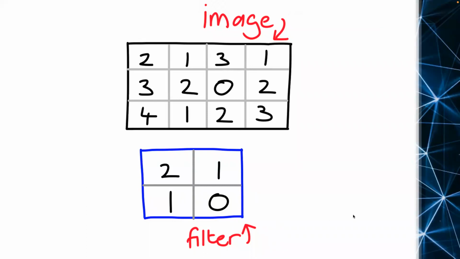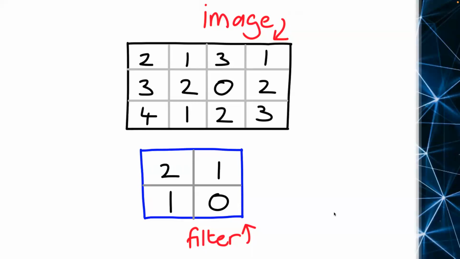Okay, applying the filter at the left corner, I had 2 times 2 plus 1 times 1 plus 1 times 3 plus 0 times 2, and that gave me 8. So I moved to the next one and I had 2 times 1 plus 3 times 1 plus 2 times 1 plus 0 times 0.